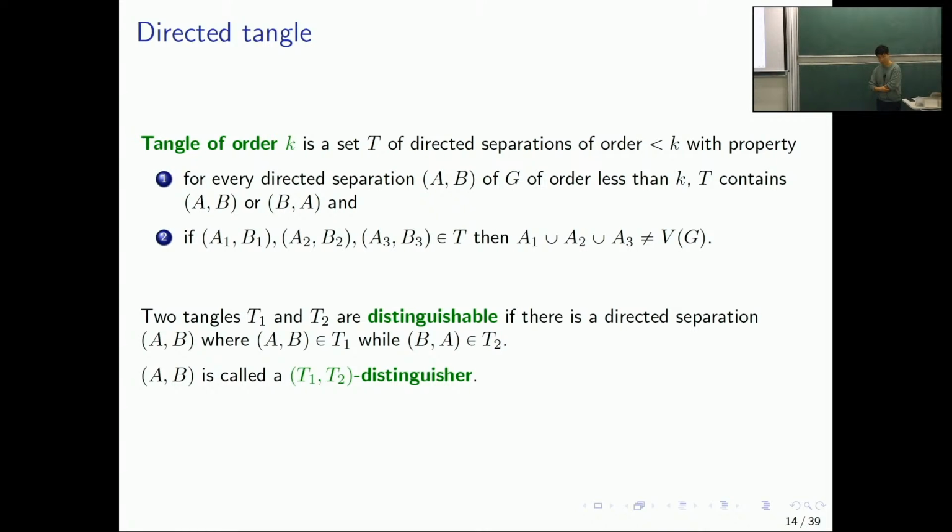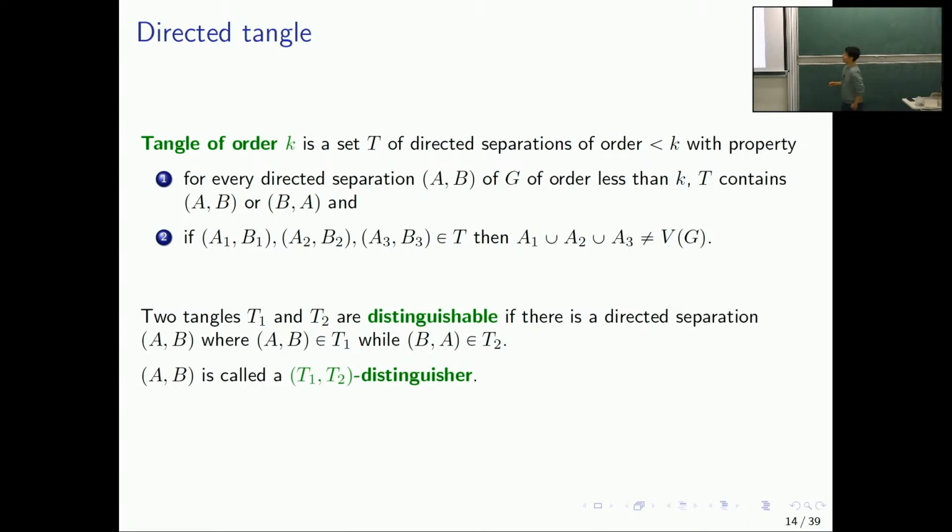Both are allowed. For every separation only one direction is blocked, and we don't know which, so it is a very complicated structure, unlike undirected graphs.